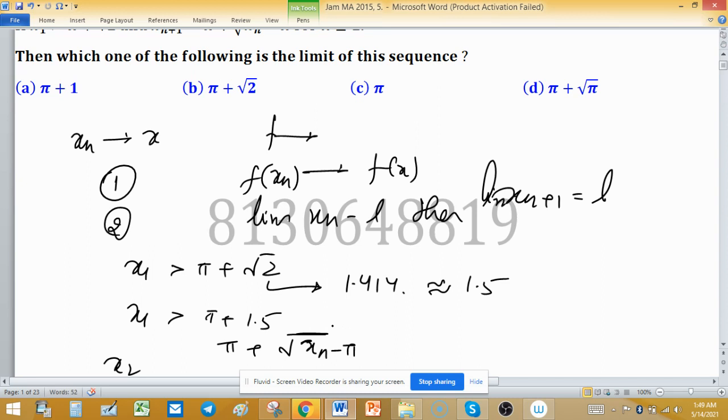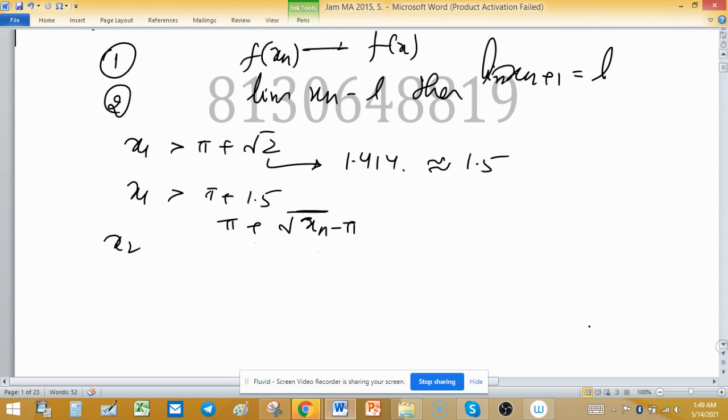A scientific calculator is in your exam portal, so there is no difficulty finding the square root of some typical values. So you can easily find x2: x1 is around pi plus 1.5, minus pi, and you take the square root of this value.